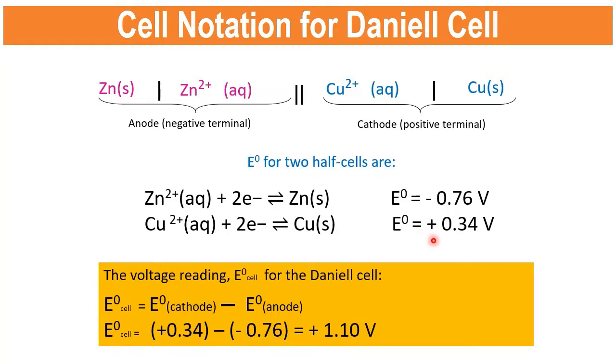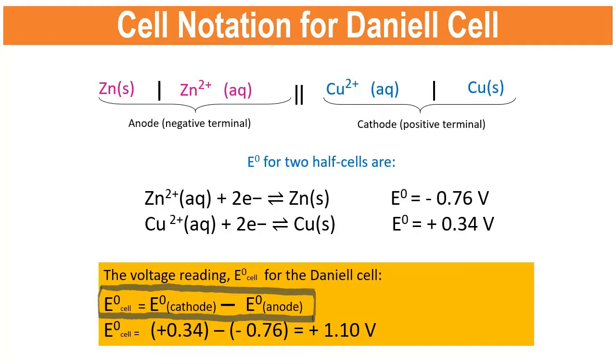Regarding this E naught value, we can predict the voltage reading or potential difference when we use these two electrodes. The formula that we are using to calculate the potential difference is E naught cell equals E naught cathode minus E naught anode.